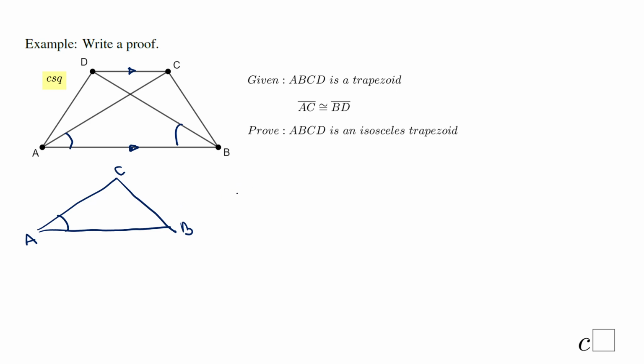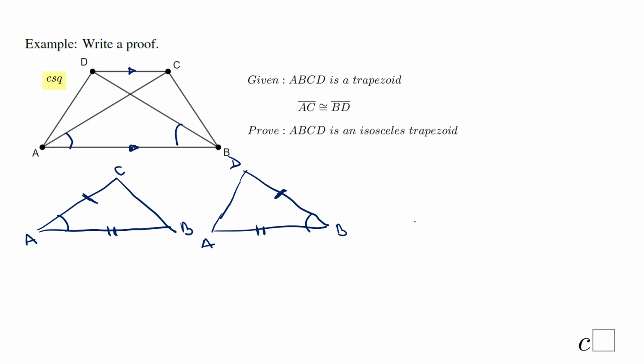And then this triangle ADB, and these are the congruent angles. Now AC and BD are congruent, that was given, and also AB is a common side. So these two triangles are congruent, so obviously now the corresponding parts of congruent triangles are congruent, which will be BC and AD, which are the legs.